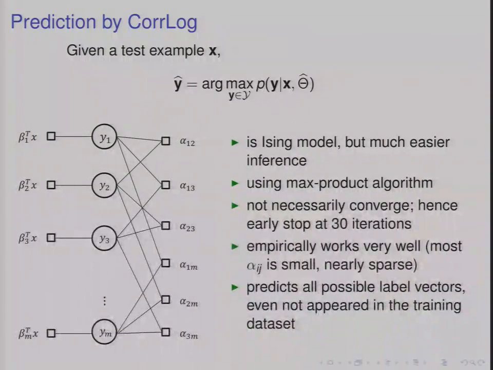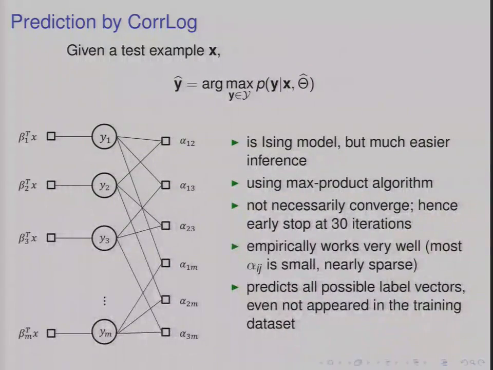So we can use this to make an initialization and run the max-product algorithm to do inference. Since the algorithm does not necessarily converge, we use early stopping. Empirically, this inference works very well. I think it is mostly because the correlation factors are very small and nearly sparse, so the graph is very nearly sparse.